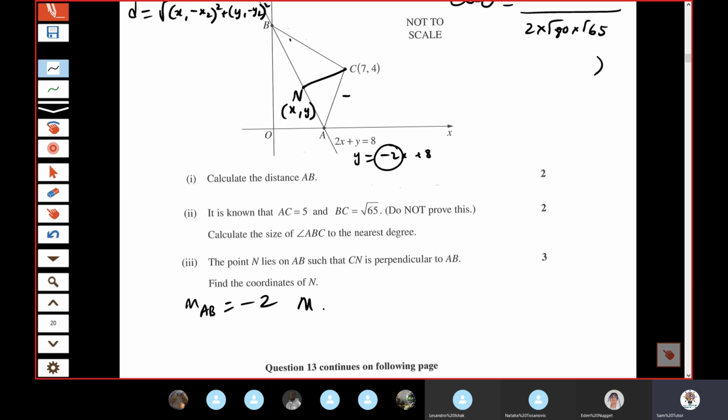Therefore the gradient of CN is obviously a half. That's 1 mark, at least. You guys not writing that, you're sacrificing a mark on nothing. Then the gradient formula: y2 minus y1 on x2 minus x1 must equal a half.